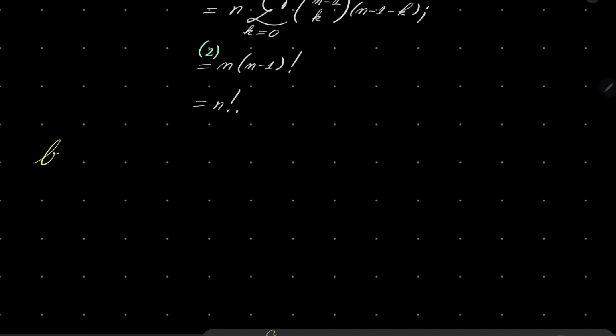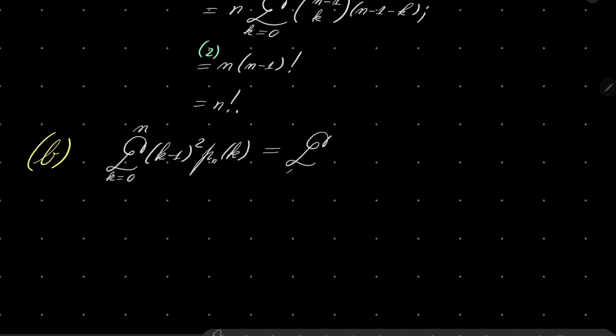Now let's move on to the slightly harder part B. In part B, we wish to evaluate the sum going from 0 to n of k minus 1 squared Pn of k. Again, let's do the following. First, I wish to write my sum in the following way.